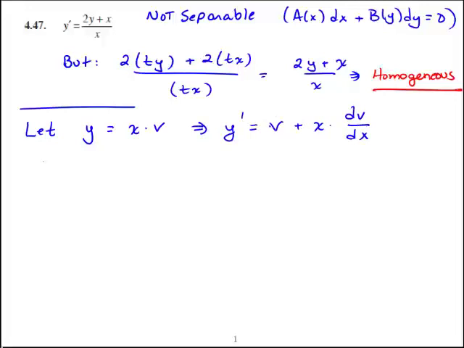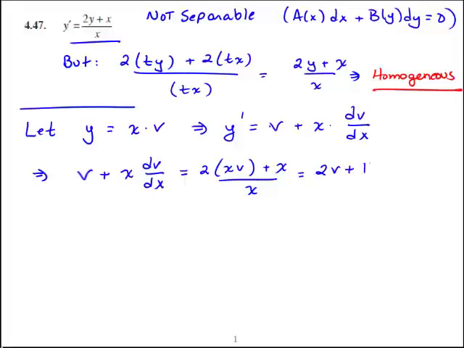And so our new differential equation using these two substitutions gives me v plus x dv dx is equal to 2 times xv plus x over x, and already using the fact that x could not be 0 based upon the original differential equation, x in the denominator, this right-hand side can be rewritten as 2v plus 1.